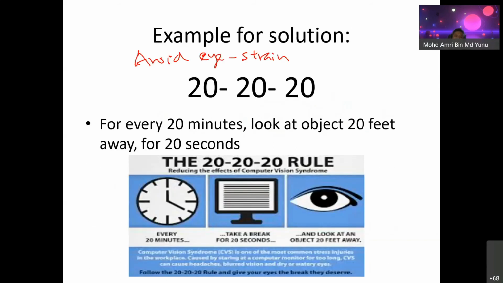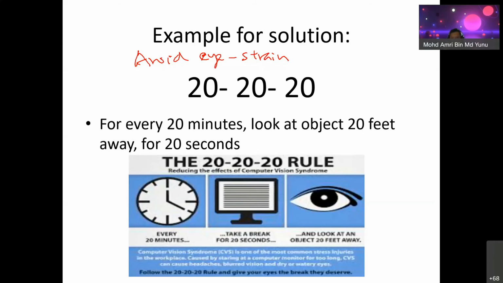So this is a solution for eyesore. One method that can be used to reduce eyesore is the 20-20-20 rule. Every 20 minutes you stay on your computer, take a break for 20 seconds.